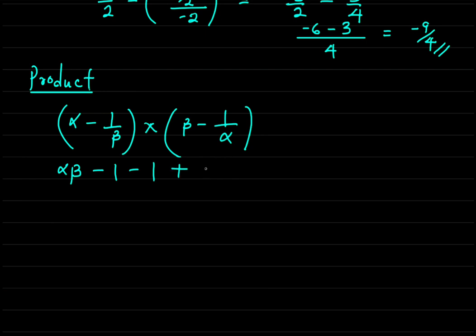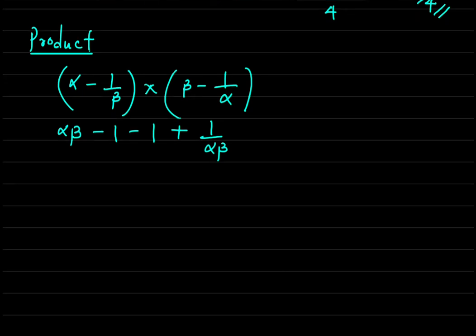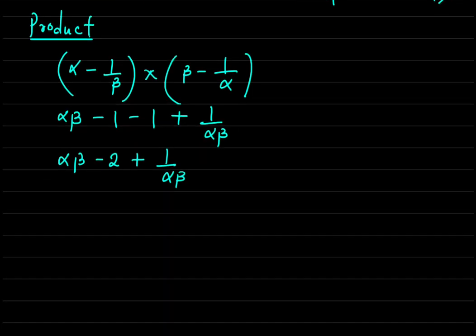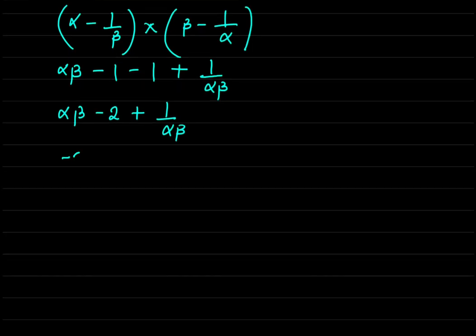Then we have plus 1 over alpha beta. I just expanded it, and we are going to have alpha beta minus 2 plus 1 over alpha beta. Remember, we said that alpha beta is equal to minus 2. So we have minus 2, then minus 2, then plus 1 all over minus 2.